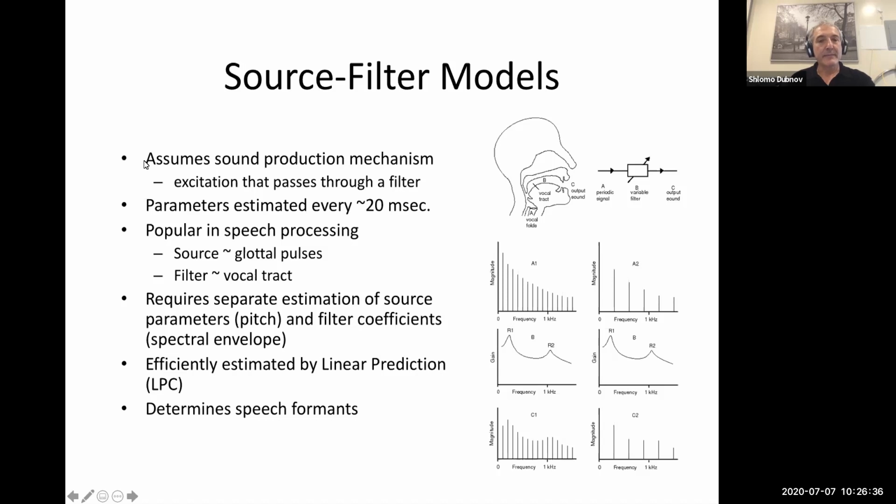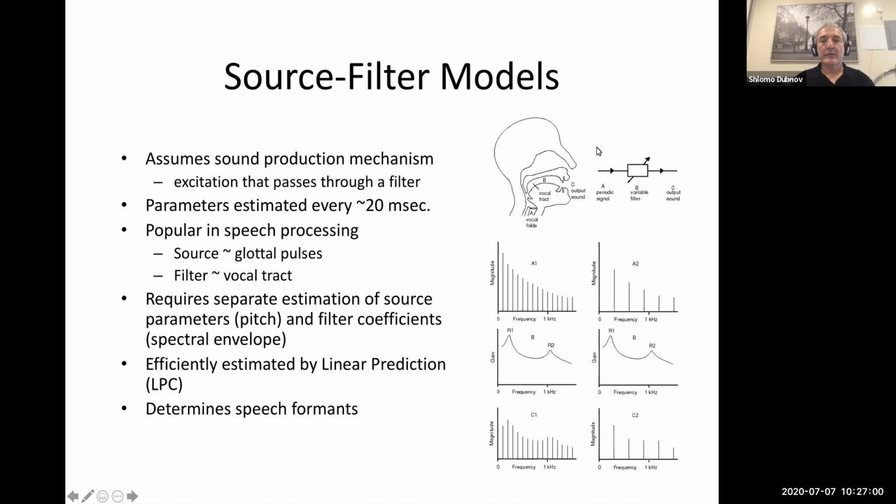And so the assumption in the source filter model of speech is that you have a sound production mechanism that is an excitation that passes through a filter. The rate at which this filter changes is about 20 milliseconds. The source is the glottal pulses, the filter is the vocal tract. And now what we see in the output is actually the waveform, the speech.